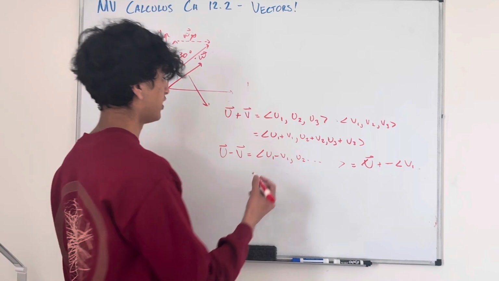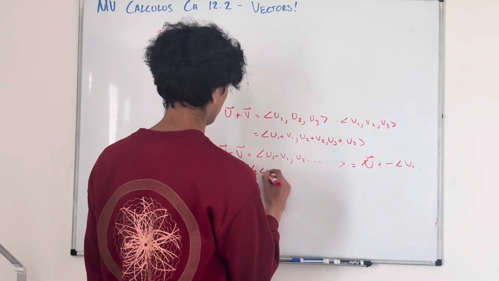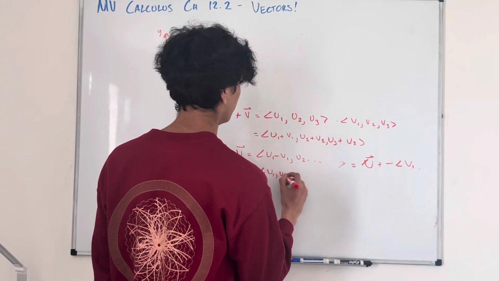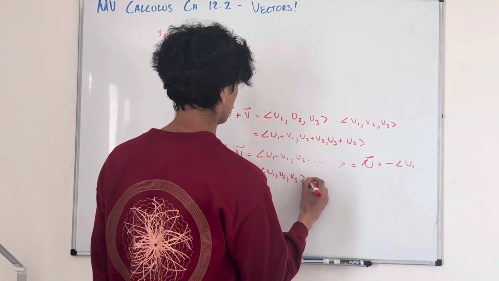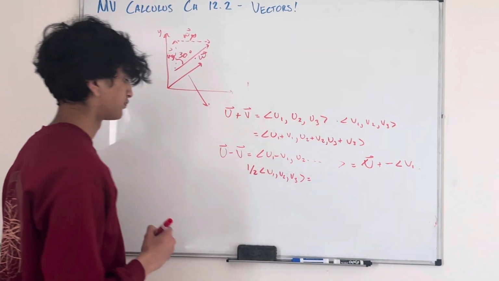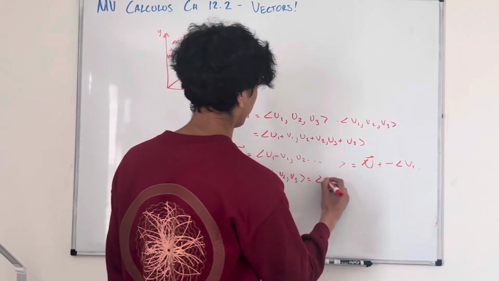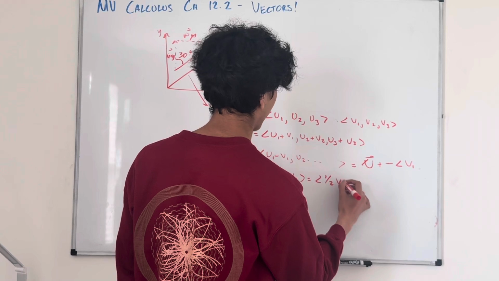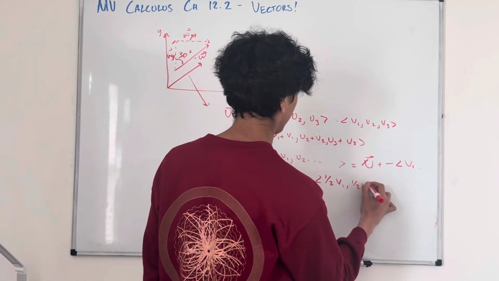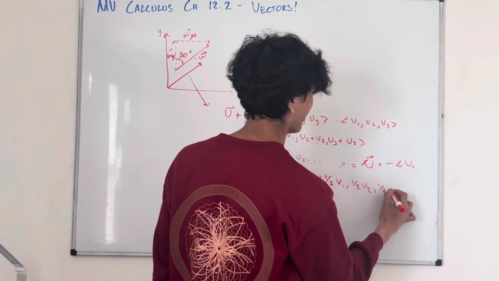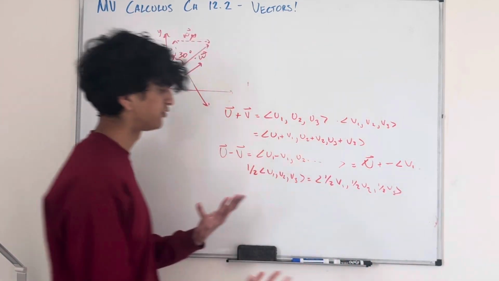That's another thing, right? 1/2 of v1, v2, v3 will equal a vector with 1/2 the components. That's how scalars work.